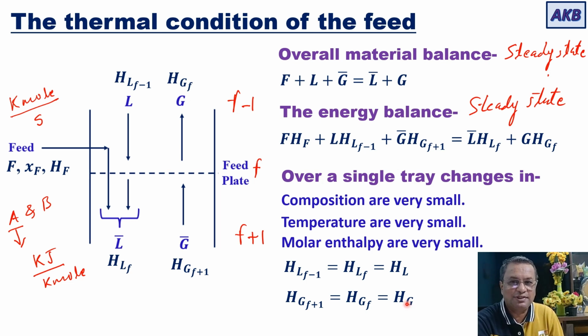And which tray is that? That tray is the feed tray. Okay, that means in our further discussions, we will be using HL to denote the enthalpy of the liquid stream and Hg to denote the enthalpy of the vapor phase or vapor stream. Okay, so let us continue further.